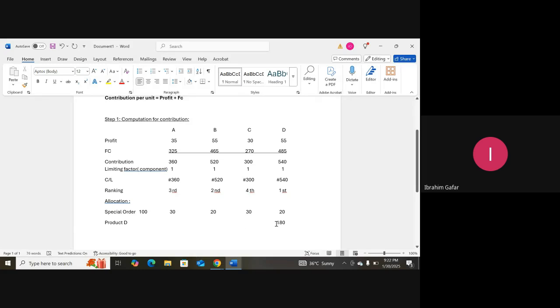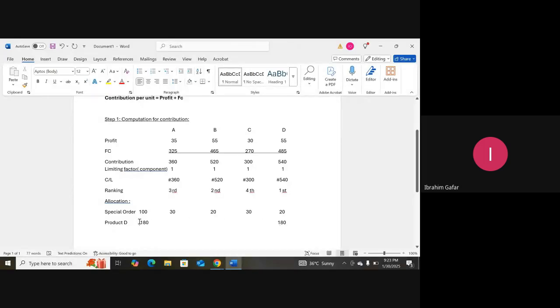Don't forget, the total order for product D is 200, but there's 20 special order already. So this is the 180 that we give product D.